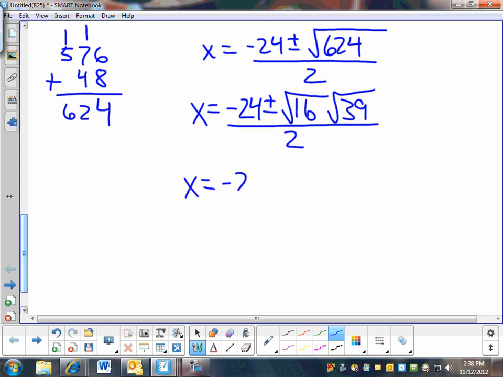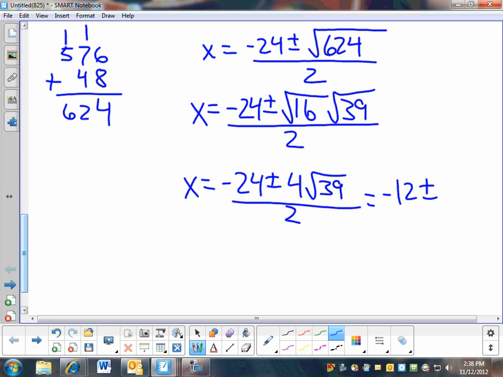Leaves me with x is equal to negative 24 plus or minus 4 square roots of 39 over 2. Can I reduce that? If you factor 2 out of the top and divide, you'll be left with negative 12 plus or minus 2 square roots of 39. Those are my x-intercepts.